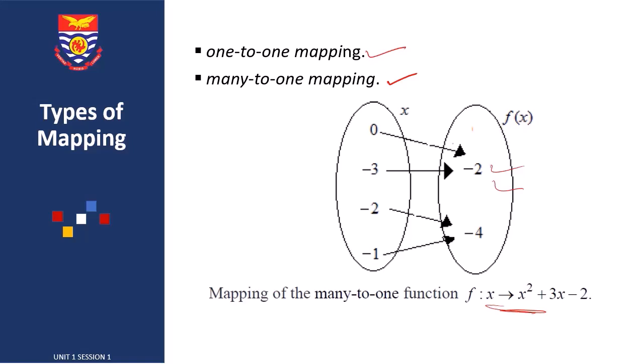Similarly, many values of x, -2 and -1, give the same value of -4. Then we can think of this as a many-to-one mapping. I think it's very clear. Don't forget these are our codomain, and this one is our domain. Great. Okay, that's fine. Let's look at the next slide.